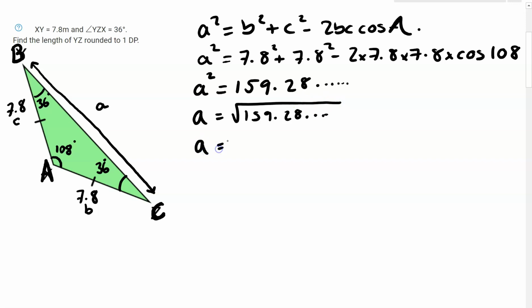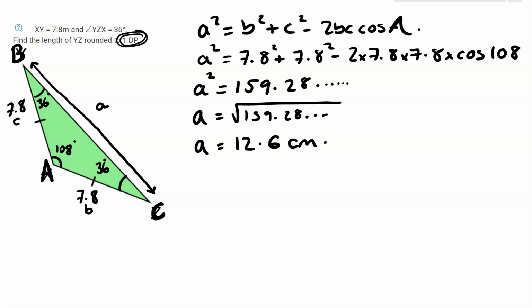Only round at the very last stage. Oh, and I didn't say before, do make sure that your calculator is in degrees, not in radians or anything weird like that. So the question here asks me for 1 decimal place, so this is going to be 12.6 centimetres.